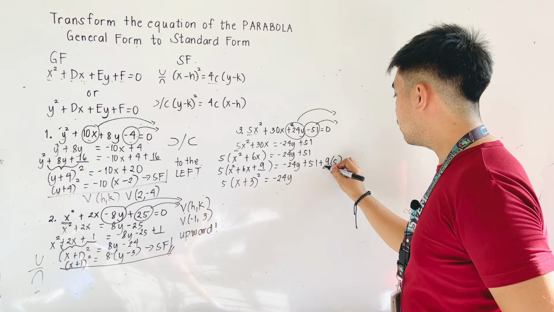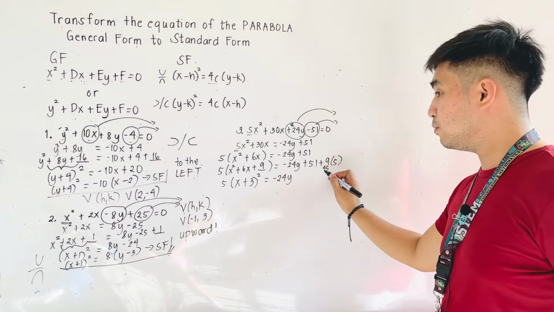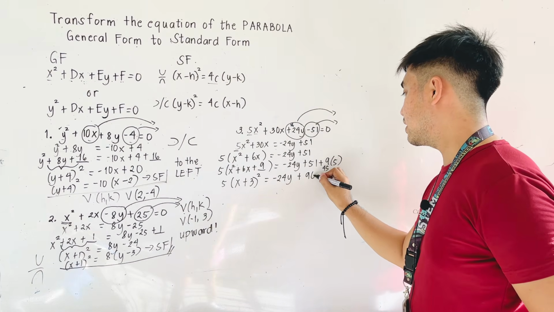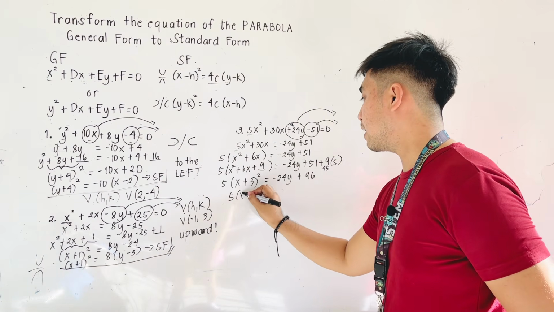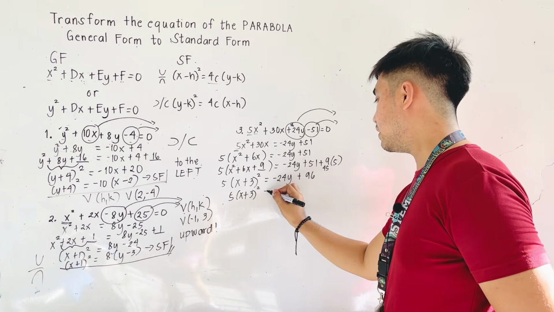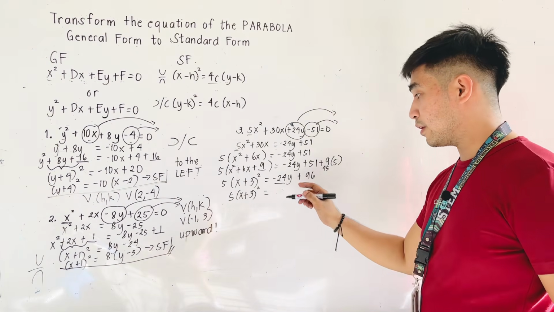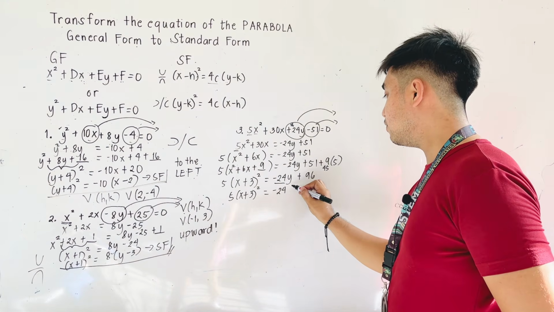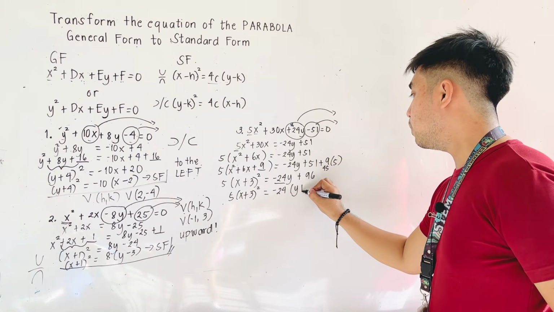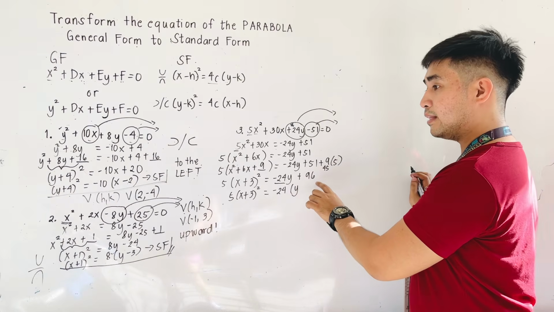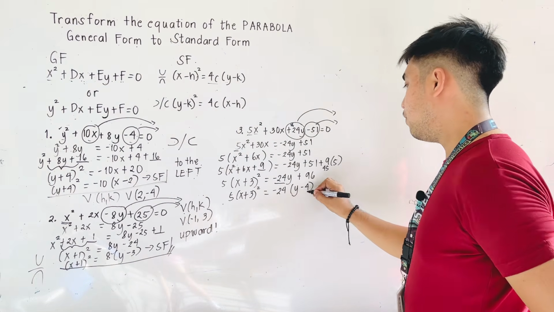Therefore, this becomes 45. So what is 51 plus 45? That is plus 96. So this is 5 times x plus 3 quantity squared is equal to, factor out the coefficient of the variable here, and that is negative 24 times y plus 96 divided by negative 24. So that is negative 4.